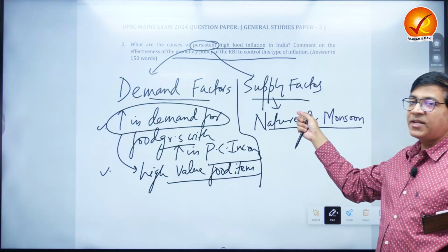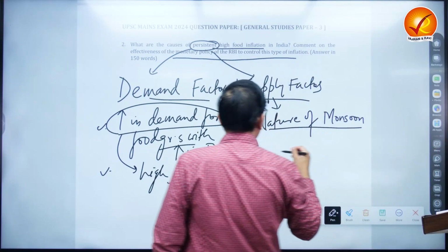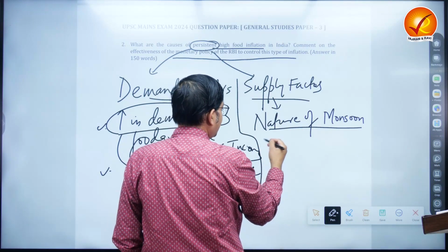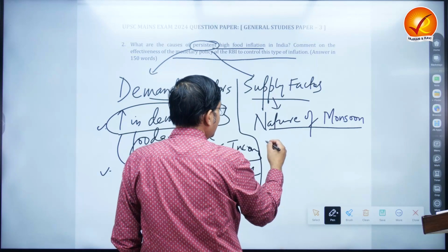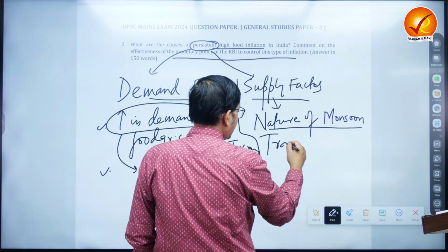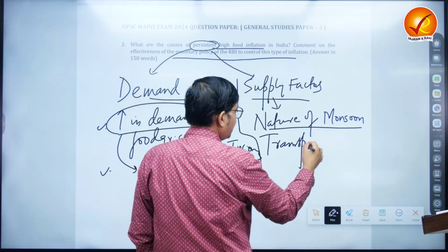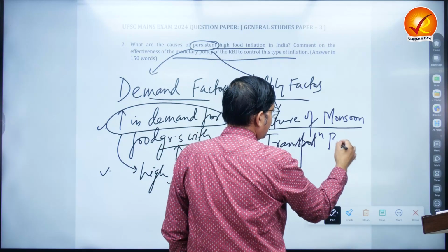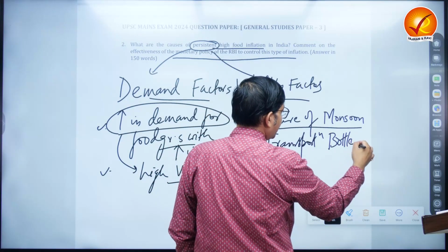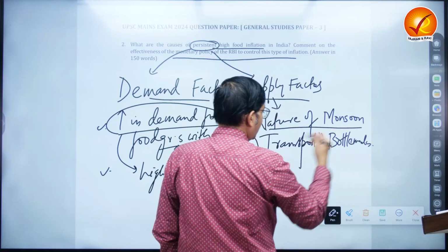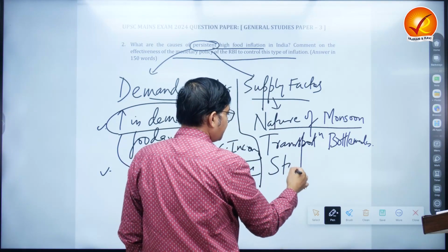In supply factors, you can also bring in factors like transportation, etc. So the transportation bottlenecks can also be responsible for higher inflation, or storage bottlenecks.